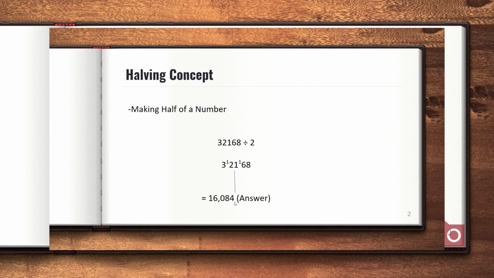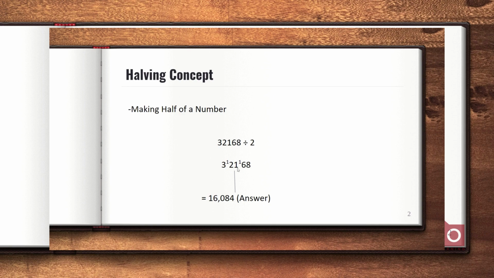Now let me explain this with this example. We follow the same method till we reach the end of the number. So when 3 is divided by 2, we get 1 as our quotient and 1 as remainder, which I have put here in the power to make this number 12. Now when 12 is divided by 2 it gives me 6, written as the answer.